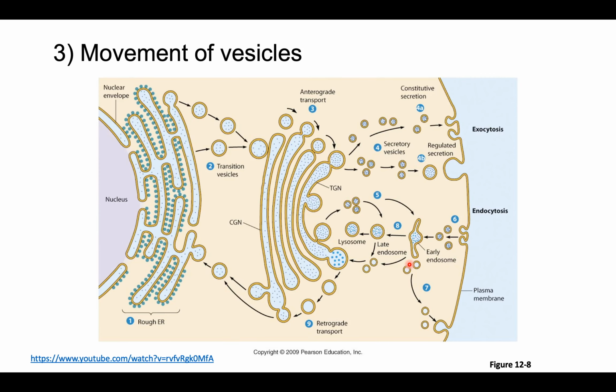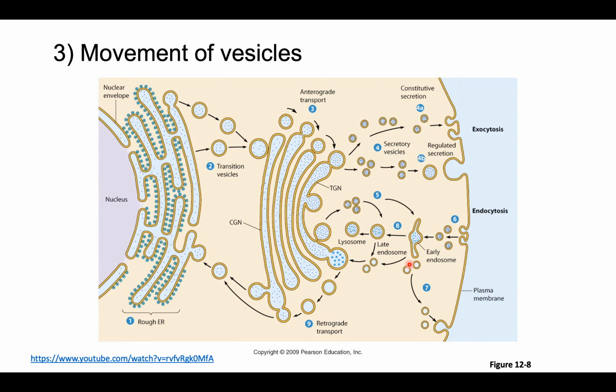So that third way we talked about movement is through vesicles. So often when things are brought into the ER, they're going to be transported far and wide thanks to the movement of vesicles.